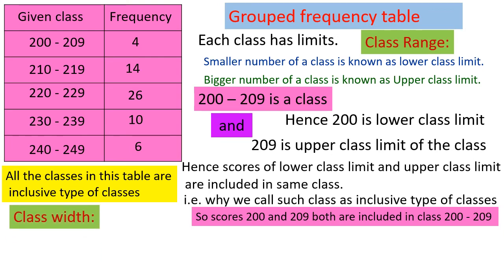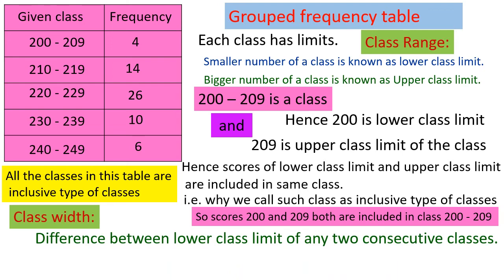So what will the class width be? How do we find it out? It is the difference between the lower class limits of two consecutive classes. Let us take the classes 200 to 209 and 210 to 219. They are consecutive, meaning one after the other.